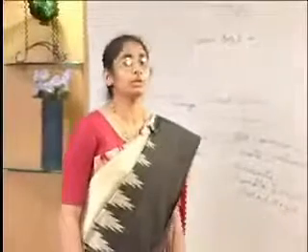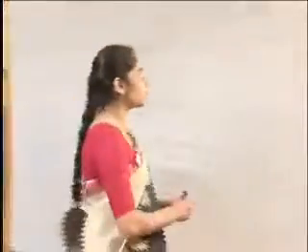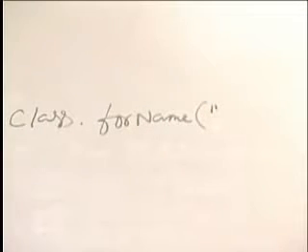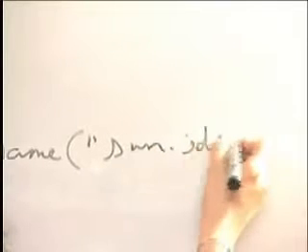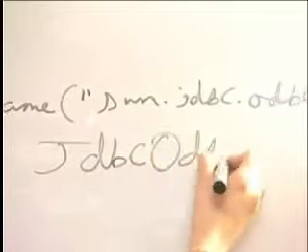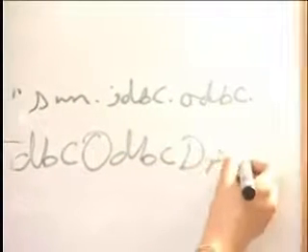Let's assume that you want to use the type 1 driver, that's the JDBC ODBC driver. In that case, the path to the JDBC ODBC driver class is sun.jdbc.odbc.JdbcOdbcDriver.